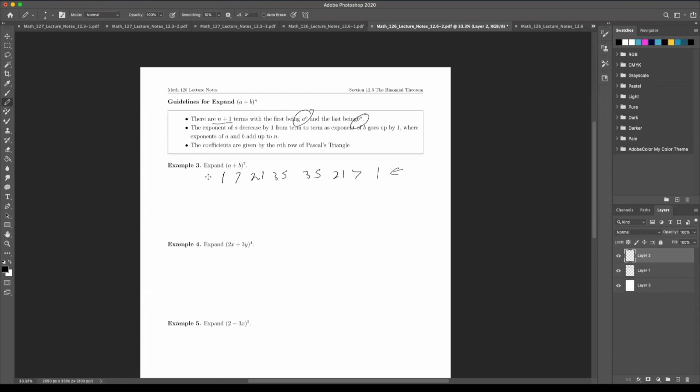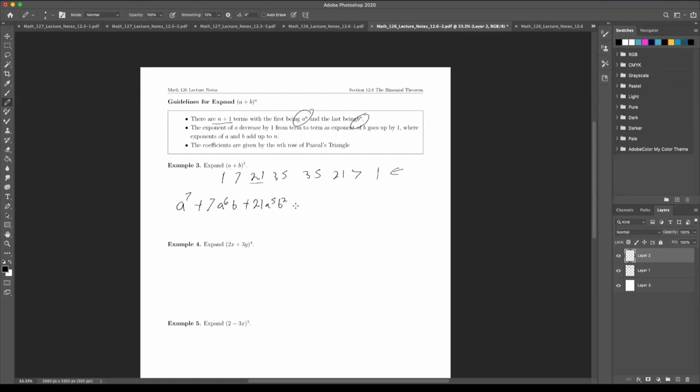Our first term is a to the n, so a to the 7th, with 1 as my coefficient. My second term will be 7, and a will go down by 1, so this will be a to the 6th, b to the first. And then the next one will be 21, a to the 5th, b to the 2nd.